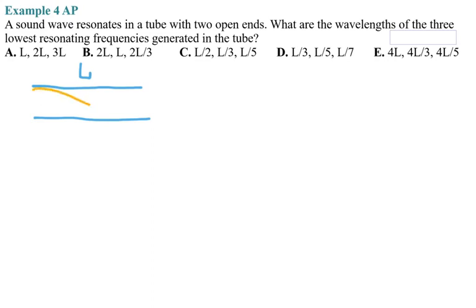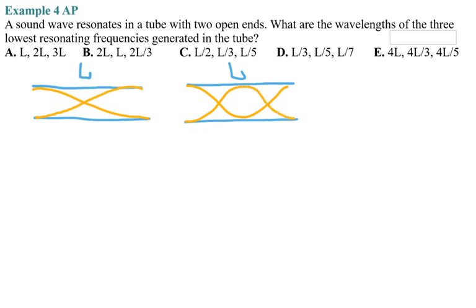The fundamental frequency will give you this shape, and I need to find 3 of them, right? So I have the same length. The next frequency that you would hear is this one with this wavelength, and the next one with the same length, you would see this wavelength.